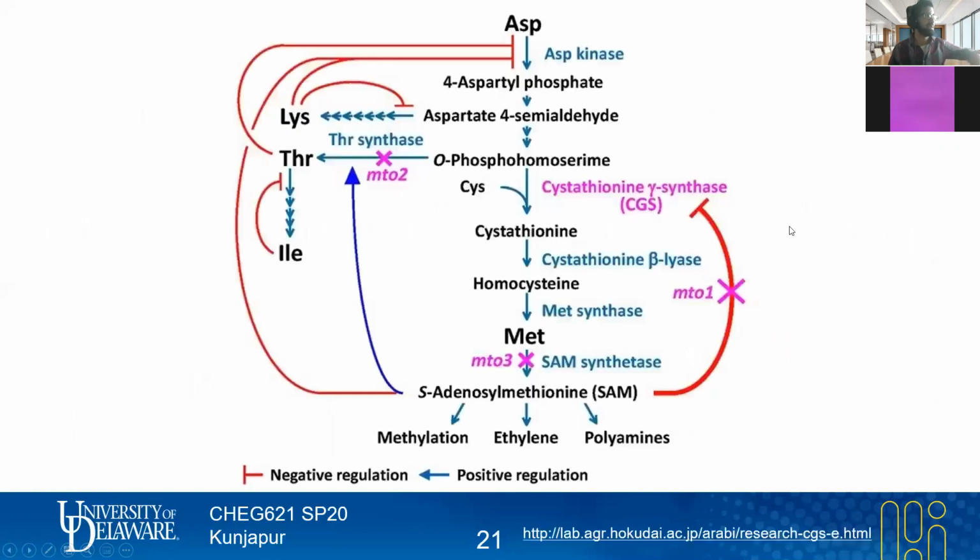So in this pathway, there is more regulation than what is just shown here. But this was another example of some metabolic engineering work done out of Japan, showing first some of the negative regulation steps that are built into this pathway. And it's interesting, some of these look like they're off pathway.